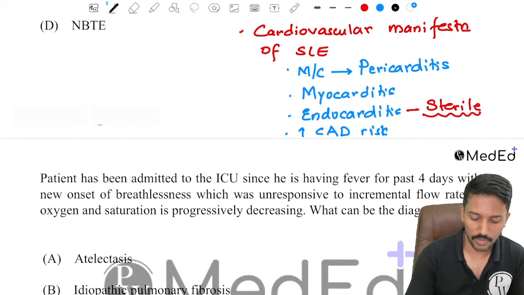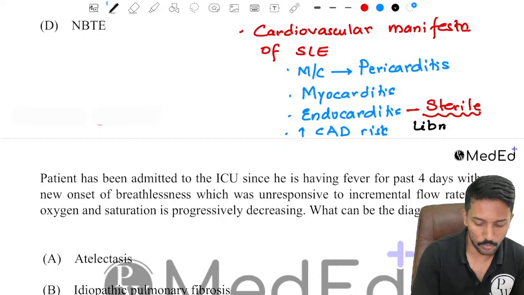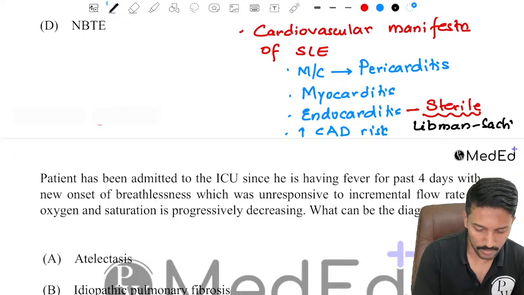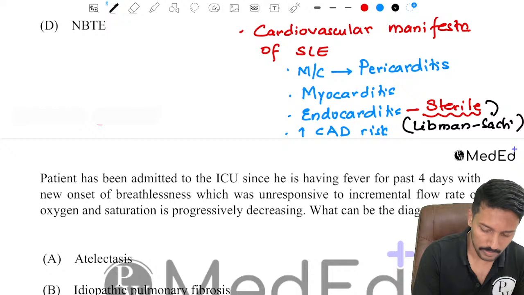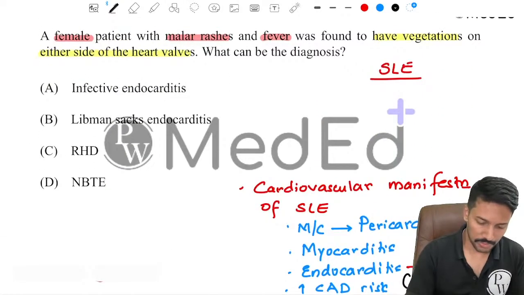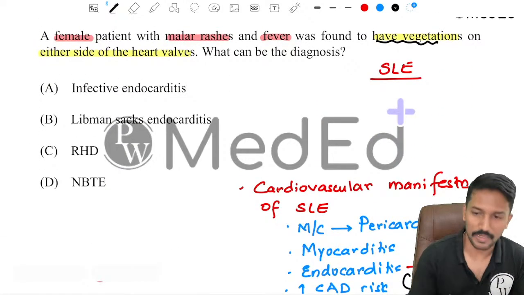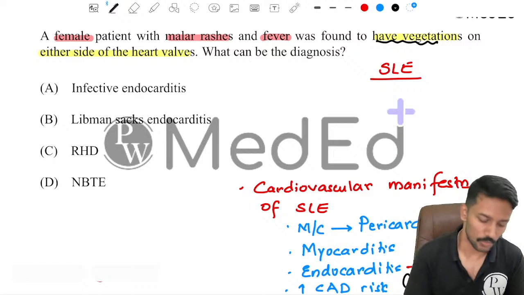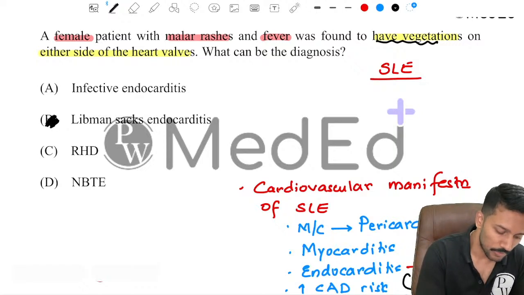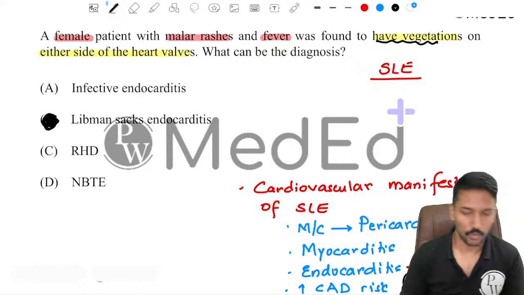That sterile endocarditis is also recognized by the name Libman-Sacks endocarditis. So this patient has vegetations on the valves, which indicates Libman-Sacks endocarditis. This is a case of SLE with Libman-Sacks endocarditis.